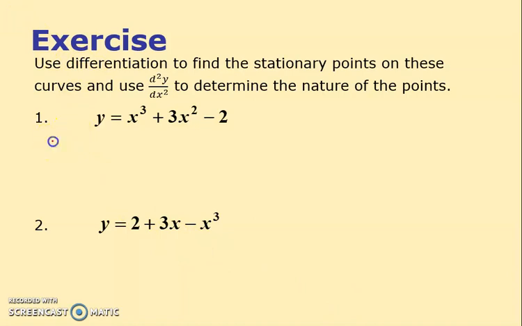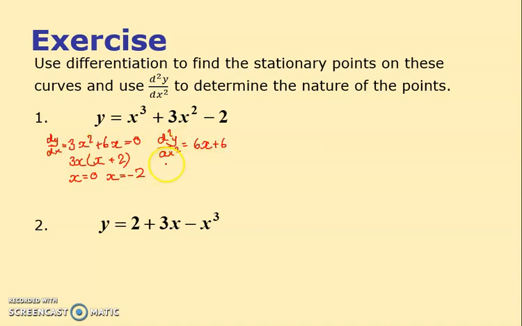Let's do the first one. First job, you find dy by dx. That equals 3x squared plus 6x. You set it equal to 0. I can factorize this, or you can get the same answers as me using the calculator. That gives me answers at x equals 0 and x equals minus 2. Now, you obviously then need to find d2y by dx squared, and if you do that, you get 6x plus 6.